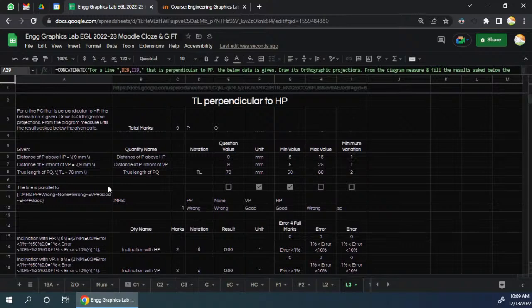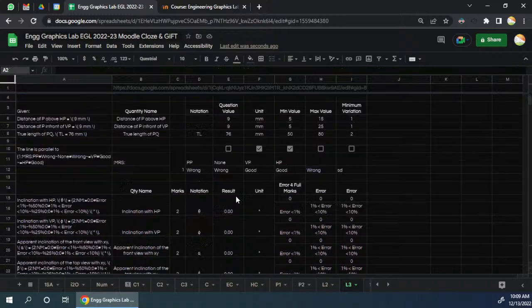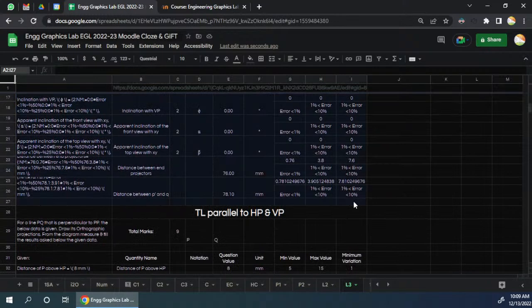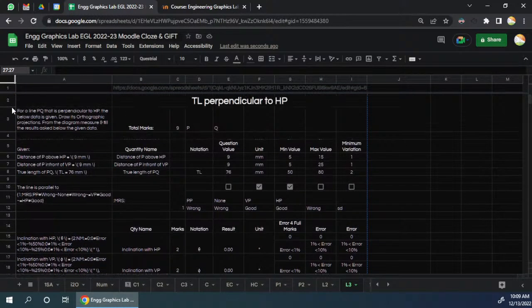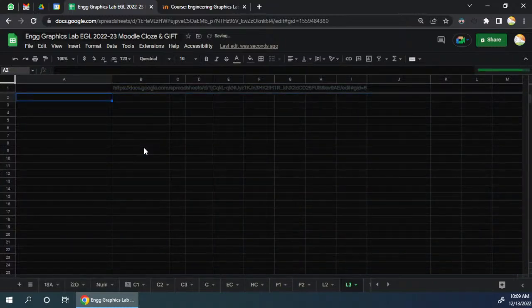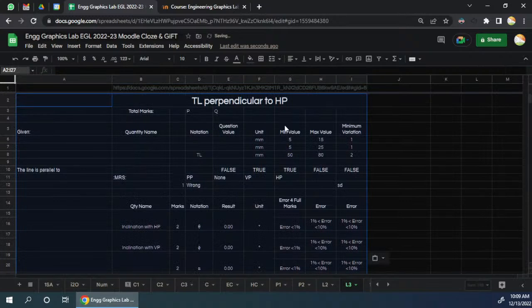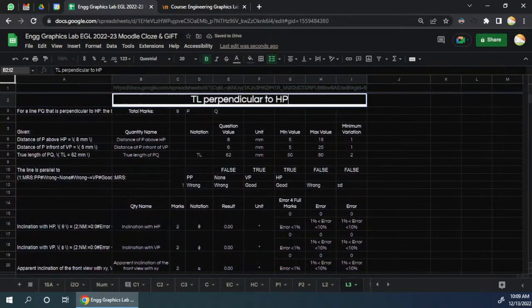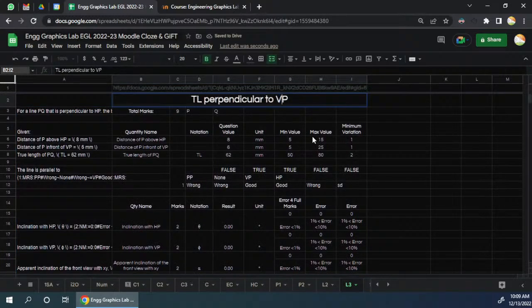So I think we can create one more question type similar to this, and this question type we'll have to keep perpendicular to VP.